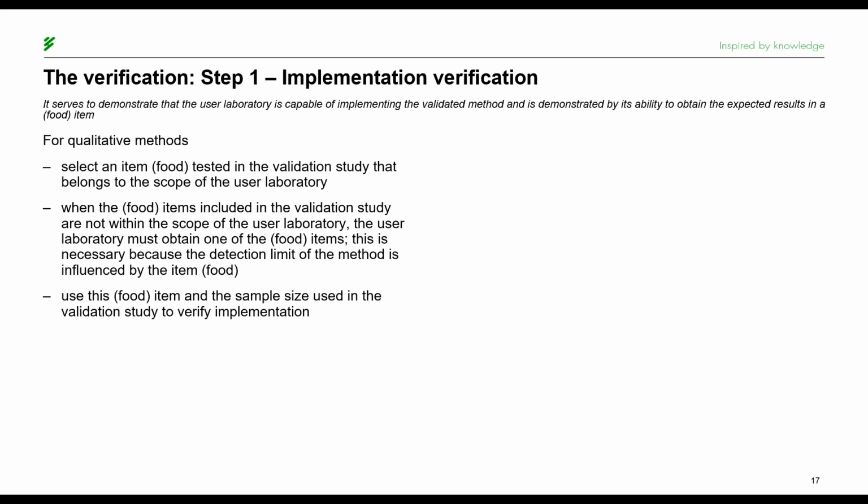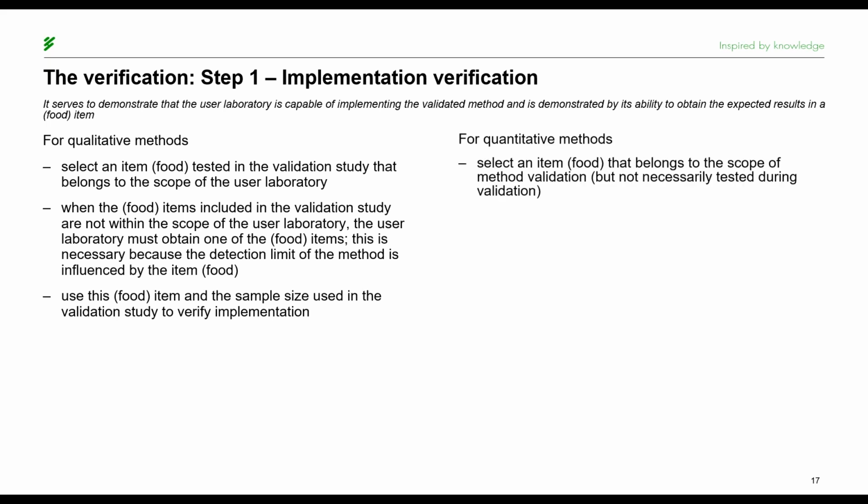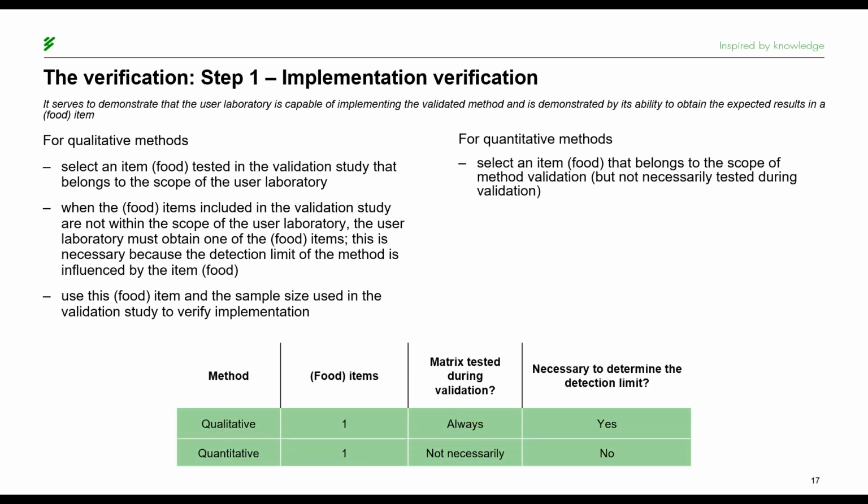And well, here we have some information and a table with a summary of this and the importance of the item, depending on the type of method to be verified, if it's qualitative or quantitative.